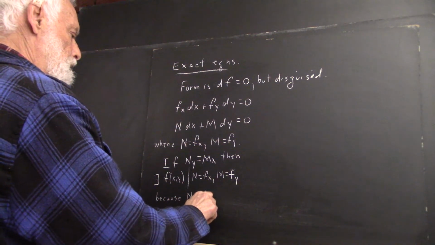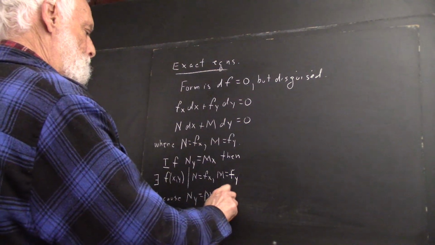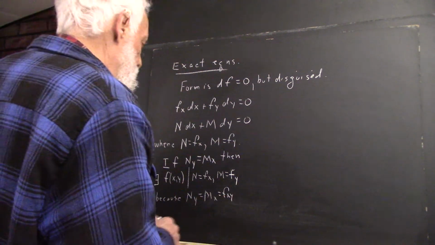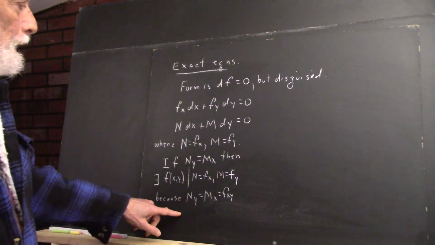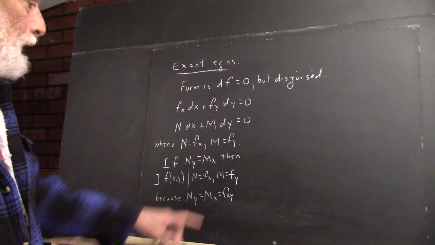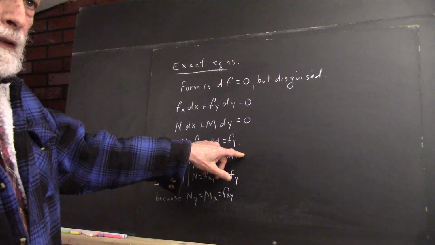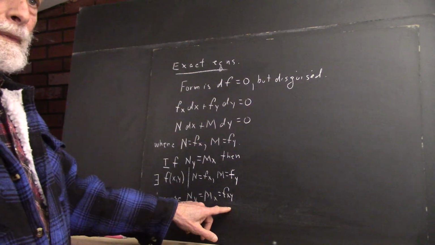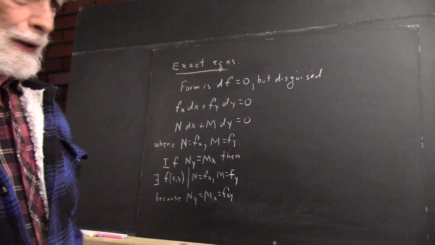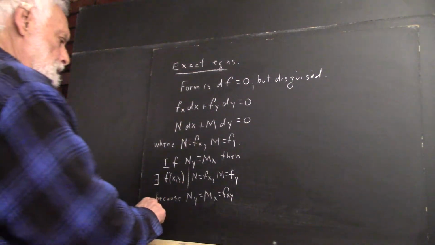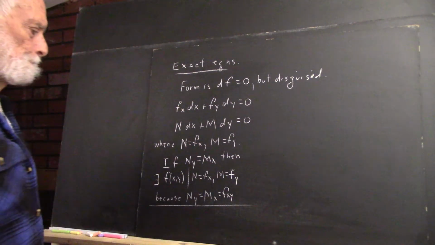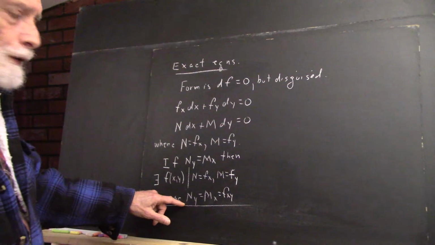And I'm not really writing this as rigorously as I'd like. And this is because ny is fxy and mx is fyx, and they have to be the same. fxy and fyx are the same. You know that from multivariable calculus. So that's your test.